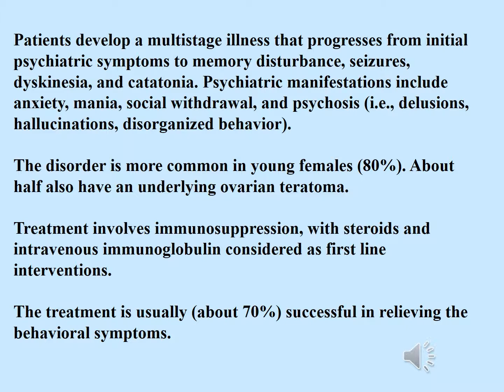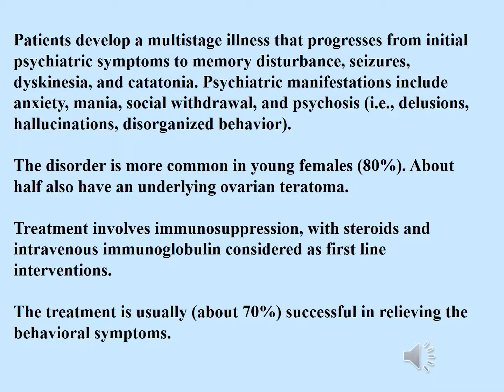Patients develop a multi-stage illness that progresses from initial psychiatric symptoms to memory disturbance, seizures, dyskinesia, and catatonia. Psychiatric manifestations include anxiety, mania, social withdrawal, and psychosis, including delusions, hallucinations, and disorganized behavior.